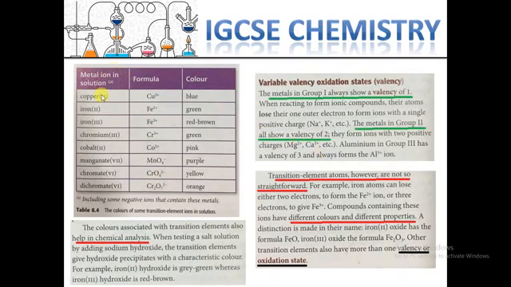So if you look at this table, you can see each transition metal can produce a different color.